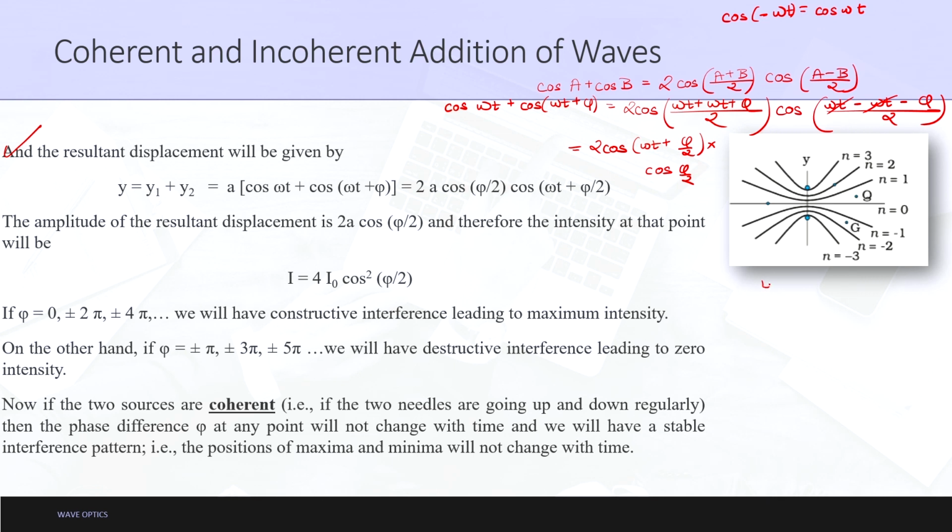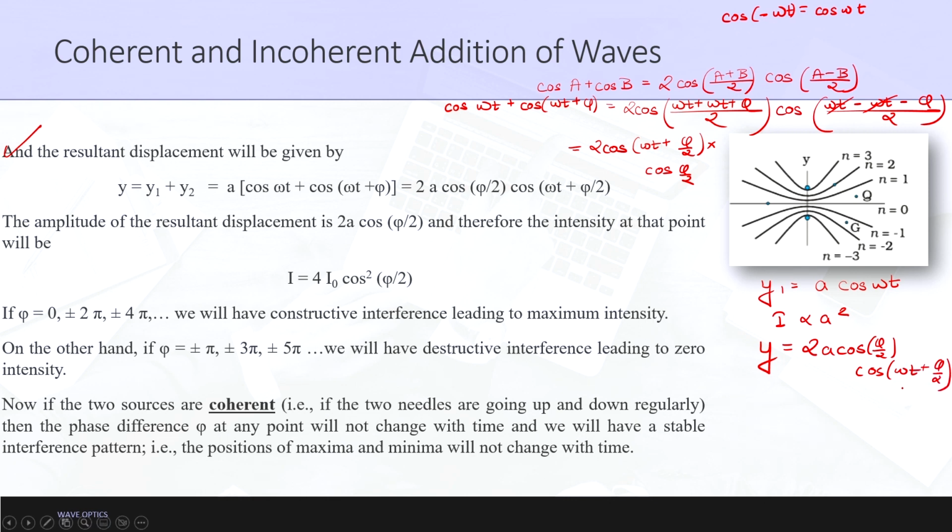For the initial displacement, y1 was nothing but a cos omega t. To calculate the intensity, we knew that the intensity at any point is directly proportional to the square of the amplitude, so I was a square here. Now y, using this mathematical formulation, was found to be 2a cos phi by 2 cos of omega t plus phi by 2.